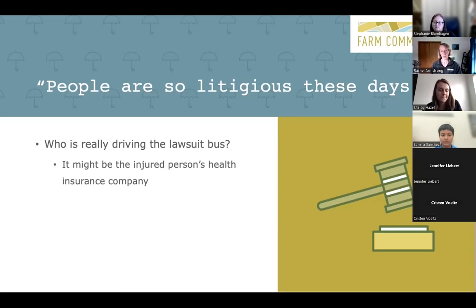So the insurance company would like to be paid back for those millions and millions of dollars that they are paying for that treatment. And if they can win a judgment against the farmer awarding them medical costs, they will do it. When we all buy private health insurance, we sign over the right to sue in our own names for injuries our health insurance company pays to treat.